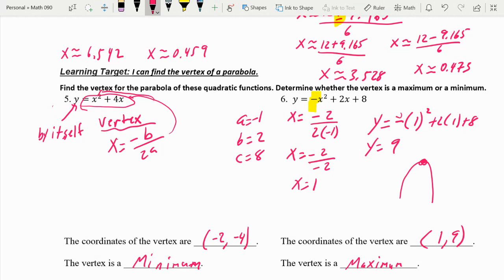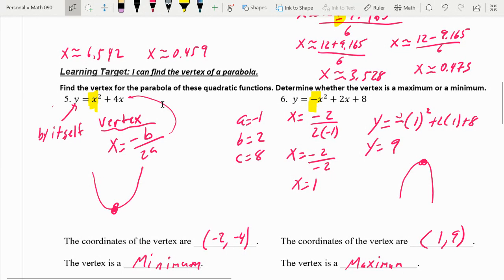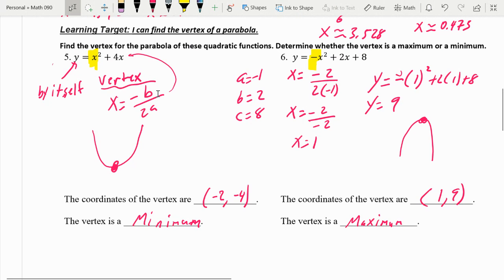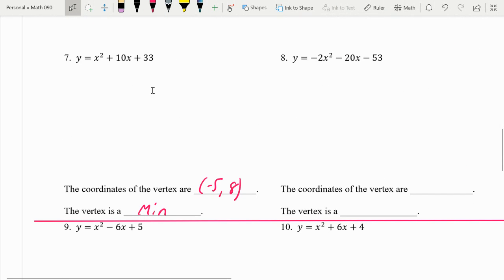A quick reminder, this one over here, a is positive, this graph is going to open up. The vertex down there makes it a minimum. So you do number 5, you do number 7, number 8.